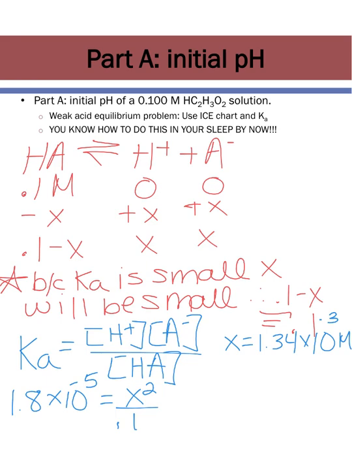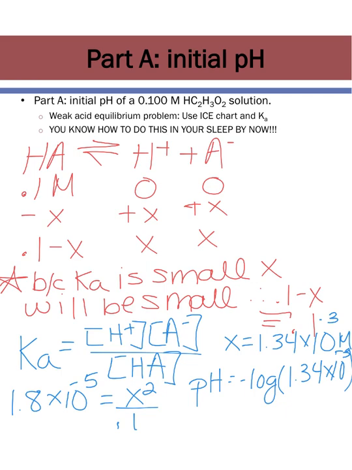Therefore, in order to find the pH, it would be the negative log of that concentration that we just found. That should be a negative in there. So we plug that into our calculator and get 2.87.